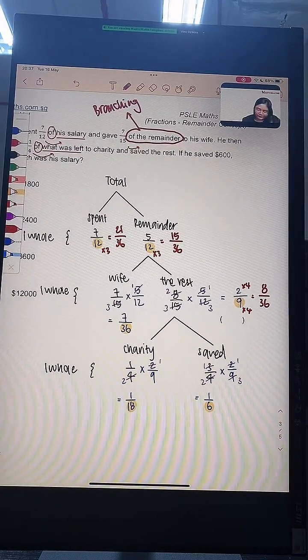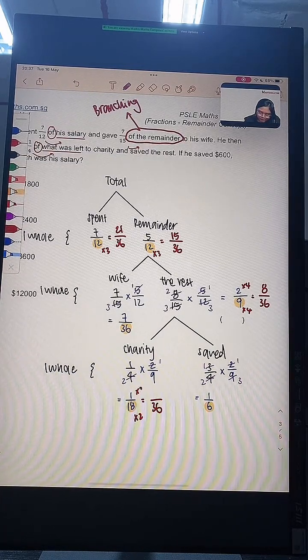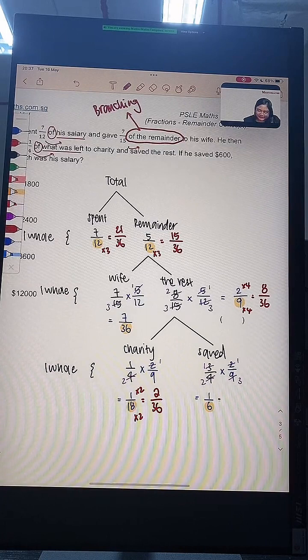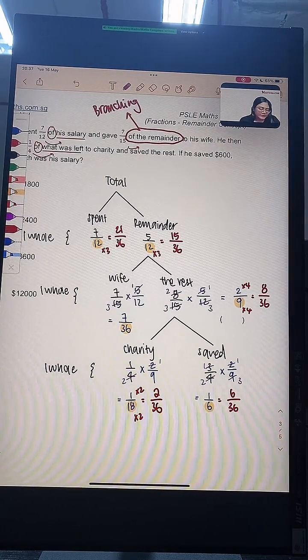And 1 out of 18 is the same as times 2 times 2, 2 out of 36. And 1 out of 6 is the same as 6 out of 36.